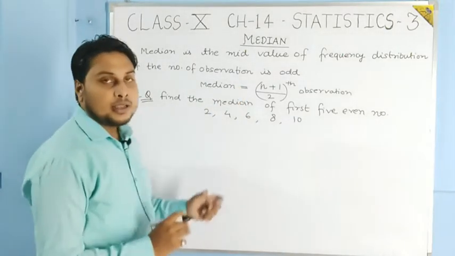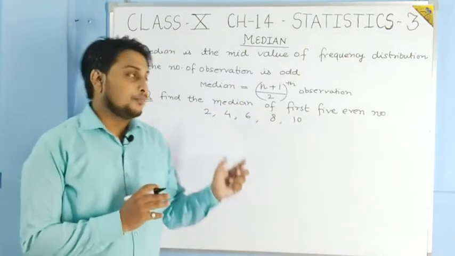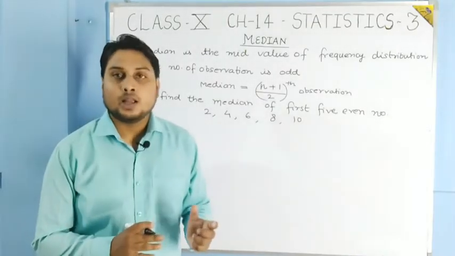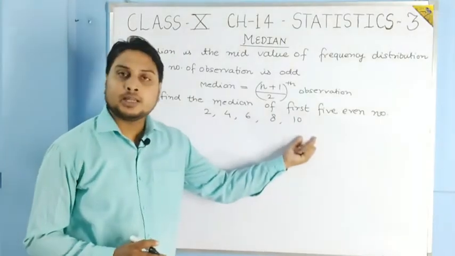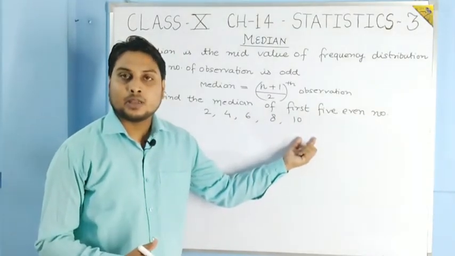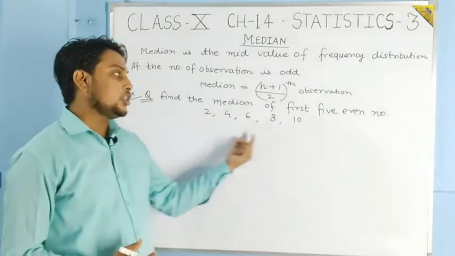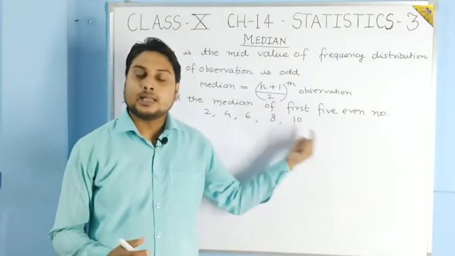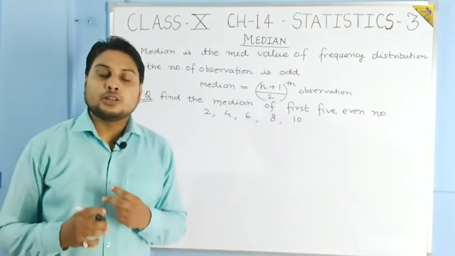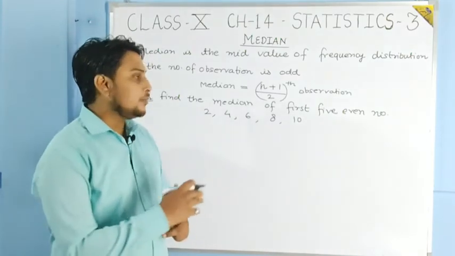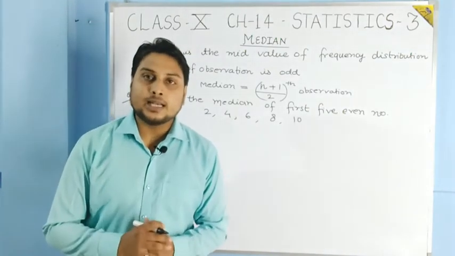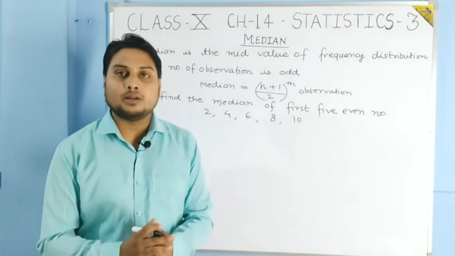See students, since the question is to find the first 5 even numbers, it is already arranged in ascending order. But if the observations are given such that they are not arranged, the first step you will apply is to arrange them either in ascending order or in descending order.